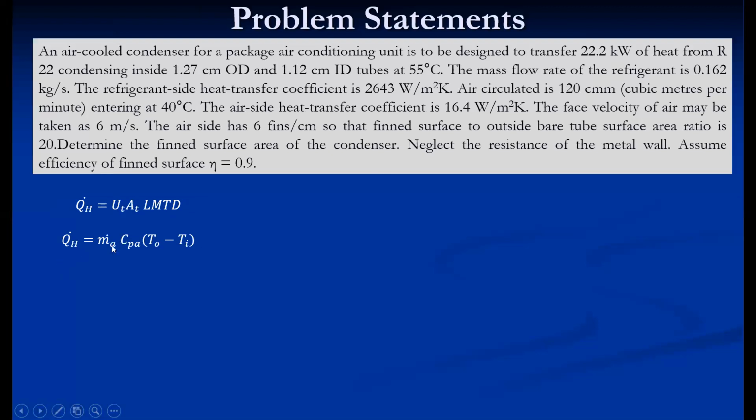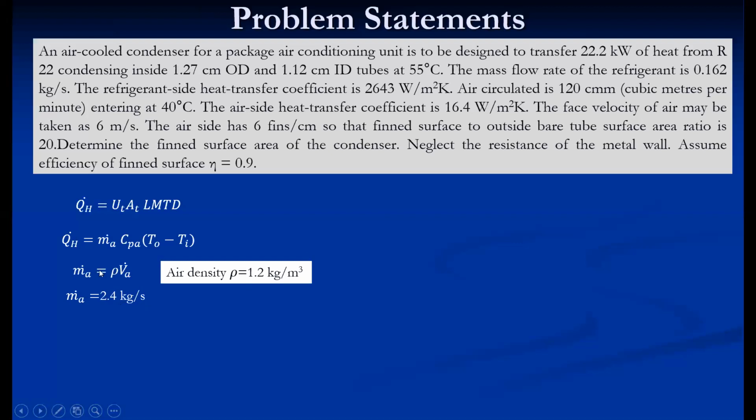Now here again, m dot is not directly given because cubic meter per minute flow rate is given, that is volume flow rate is given. So with the help of volume flow rate, first of all, we need density. If the density is not given, because air is a standard fluid, we can consider 1.2 kg per meter cube. So with the help of this expression and volume flow rate, we can calculate the mass flow rate.